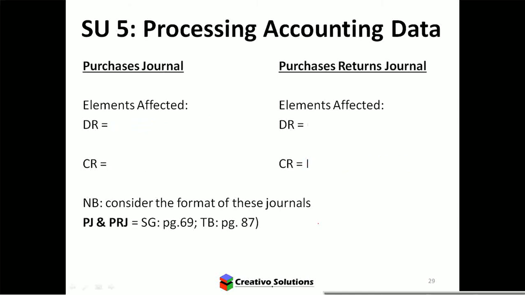Alright, next two journals. Tell me what's happening here. Purchases, so it's money going out. Why? Is cash being affected here? No, it's a purchase, right?